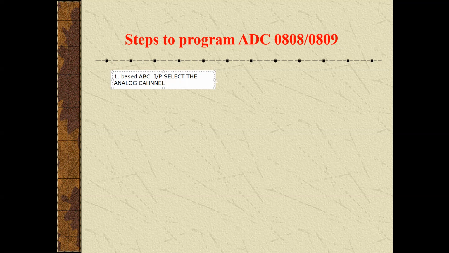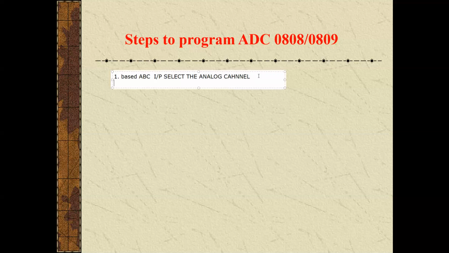So according to the address lines ABC, based on this we have to select one of the input signals. There are a total of 8 input channels. According to ABC, we first select the input channel which we want to connect, and then enable ALE.